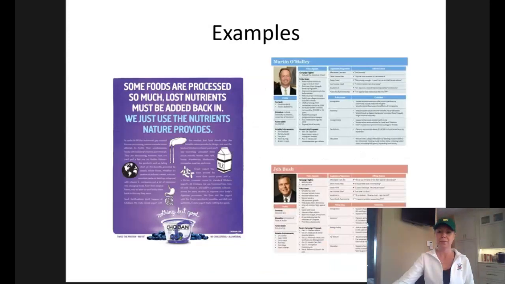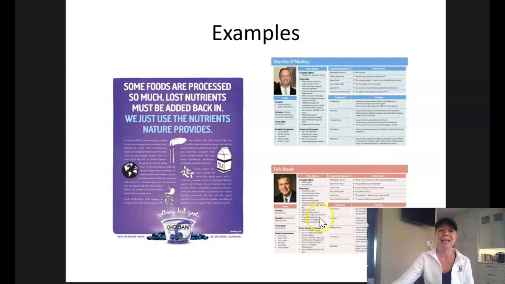Here are some examples of the central route of persuasion. I mean, take a look at this ad for yogurt. That's a lot of work to have to read all of this. But if I'm going to read all of this, I'm engaged and interested. And I'm probably going to pick Chobani from then on because I have been persuaded by using my brain.